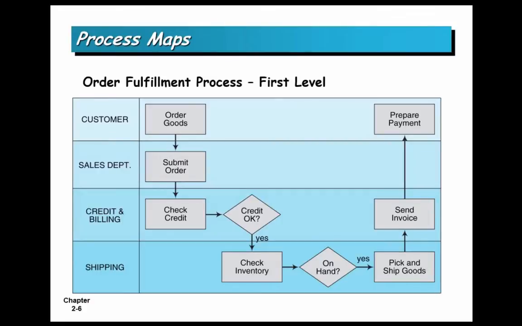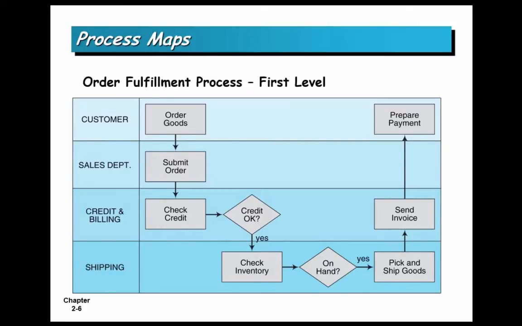You don't want to put too much detail on a single page because it can be complicated and then not that useful. So you have a relatively high-level picture. In today's day and age, if you did this in an automated fashion, you might click on this submit order box and see a next level of detail related to what it takes to submit an order.